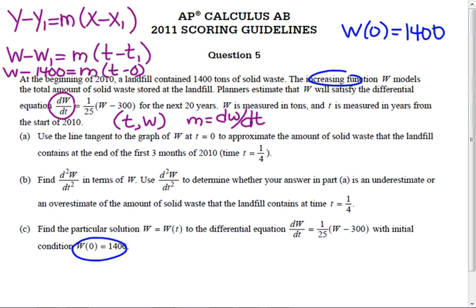So you should be able to write the equation of the tangent line, and you get a point for using dW/dt, for recognizing you're going to do that. So it's W minus 1,400, and you do not have to simplify, is equal to my slope. It's 1/25 times (1,400 minus 300) times (t minus 0). That's the equation of the tangent line, right?